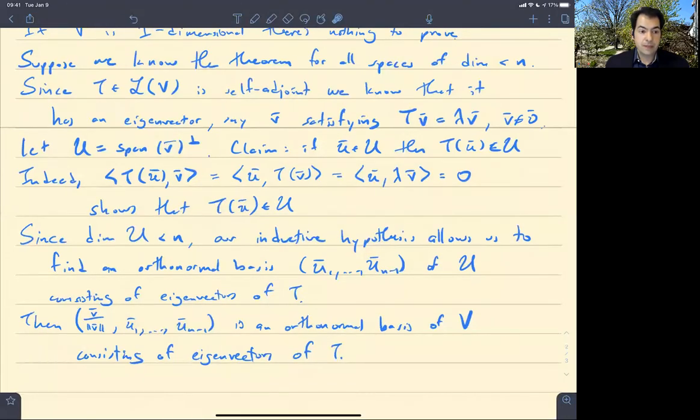Actually, sorry, it's much simpler than that. We know that this one is orthogonal to all these other ones because U is the orthogonal complement to v, so all of the vectors in U are orthogonal to v.